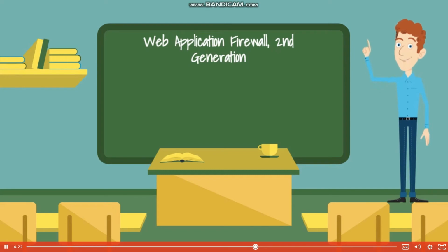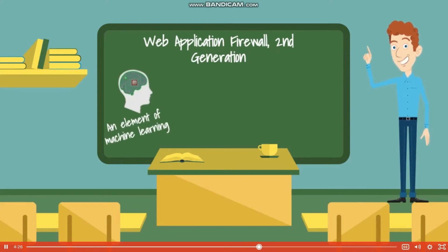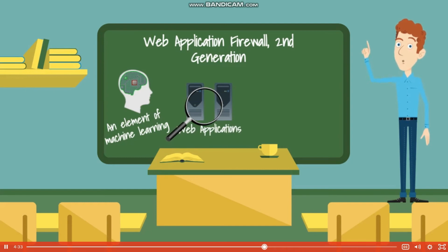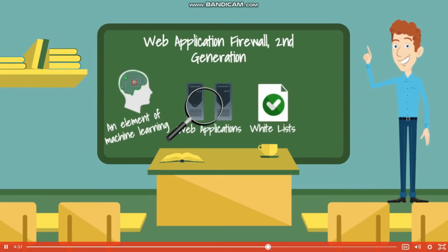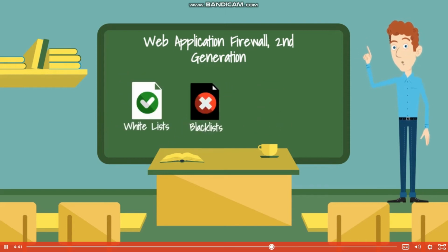In the next generation, web application firewalls became more intelligent. There was an element of learning by the firewall. The WAF could monitor web applications over a period of time and automatically generate whitelists, legitimate web applications, while maintaining blacklists, web applications that proved a danger.